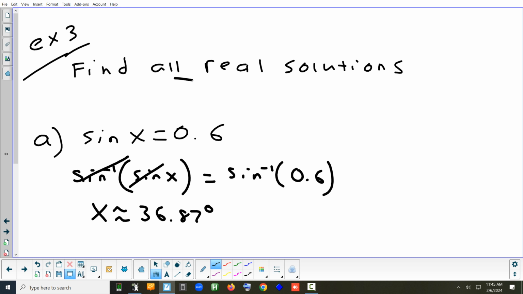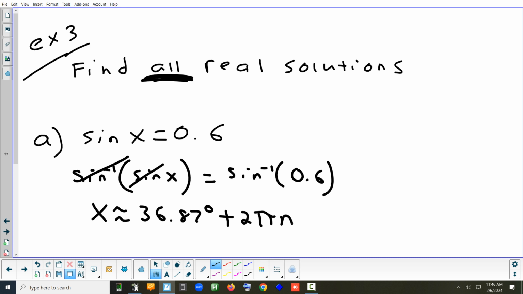Now, if you write that, you've only given me one solution. What do I put on the end of this to indicate that it repeats forever? And this is sine. So remember what the period of sine is. You write plus 2 pi, where n is an integer.